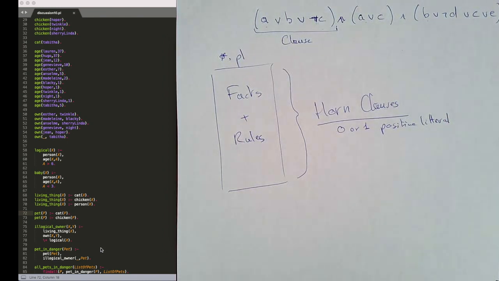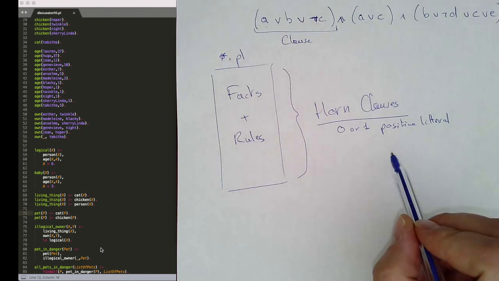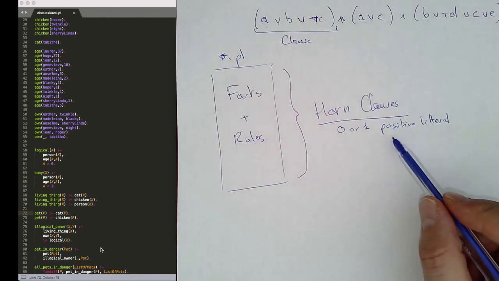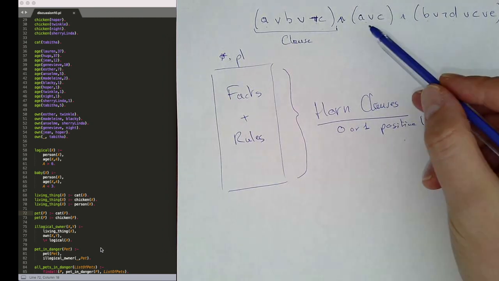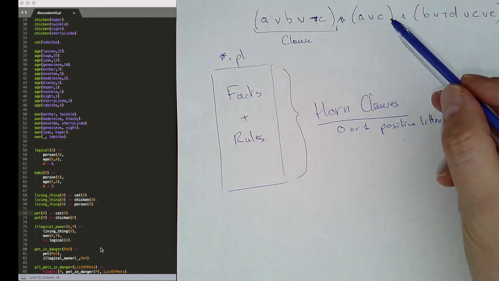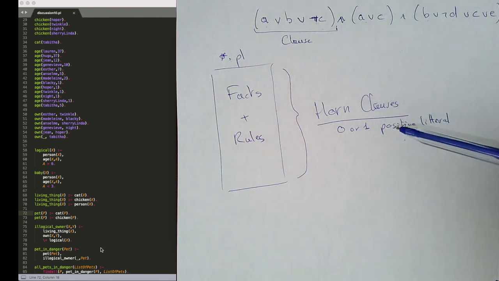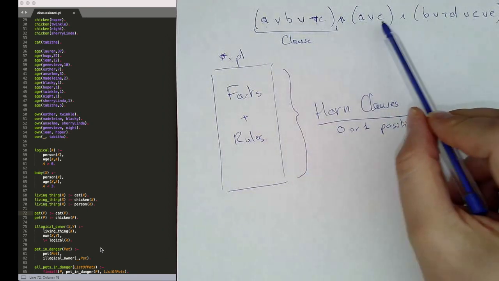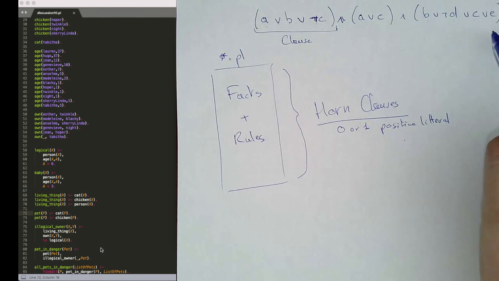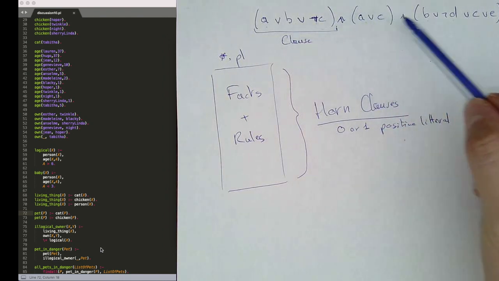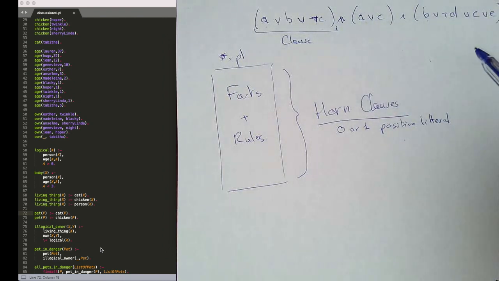But I'm just going to give you a little looking ahead. The reason for that is that this solves the problem we mentioned before. If you have only 0 or 1 positive literal, there is a way to solve the satisfiability problem, right? The problem which consists in finding a solution such that this is satisfied.